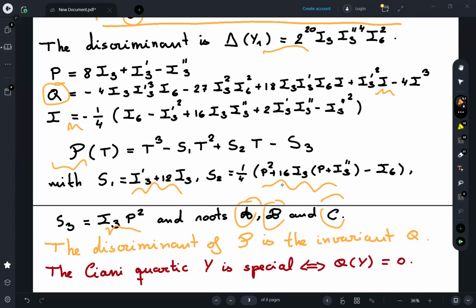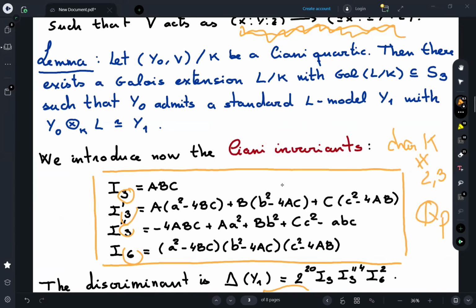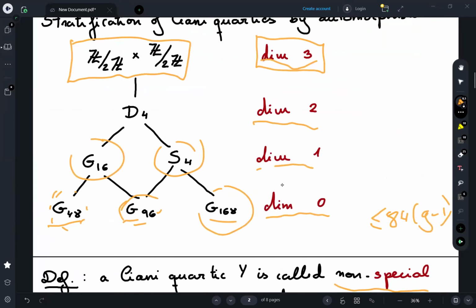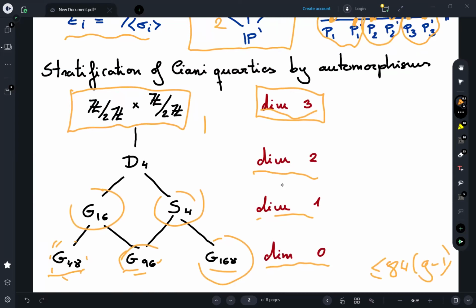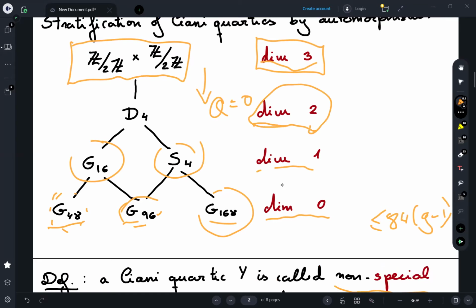The Ciani quartic gets extra automorphisms if and only if Q is equal to 0. If you look at the stratification that we had here, it's very easy: everything that is below here has Q equal to 0. This is the codimension 1 condition to describe this subfamily.